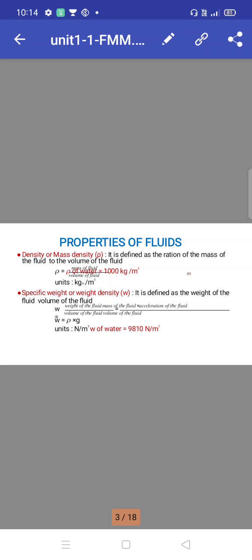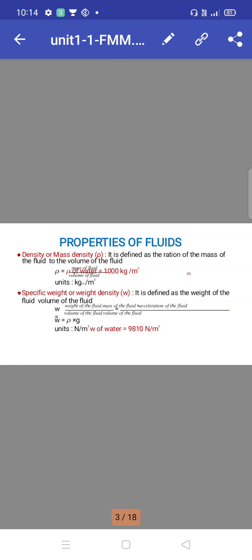So here specific weight or weight density is defined as the ratio of weight per volume of the fluid. So this is the definition. We can simply specify weight density or specific weight w.